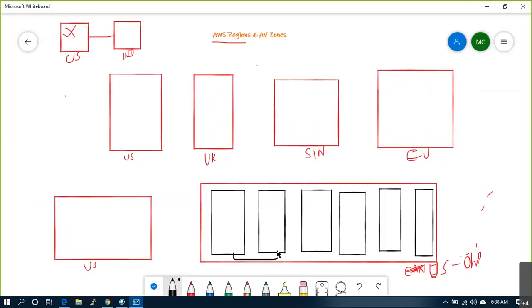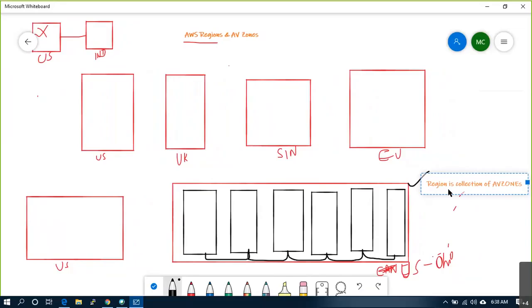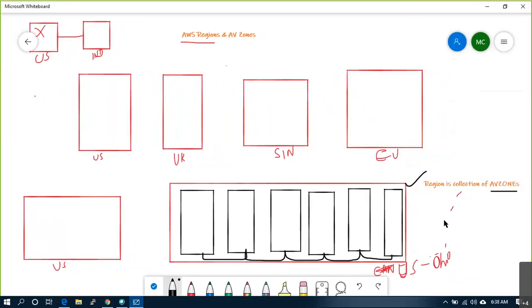And all are connected with, let's say, dark fiber or good connectivity. So consolidatedly, all these six buildings, you call it a region. In short, a region is a collection of availability zones.